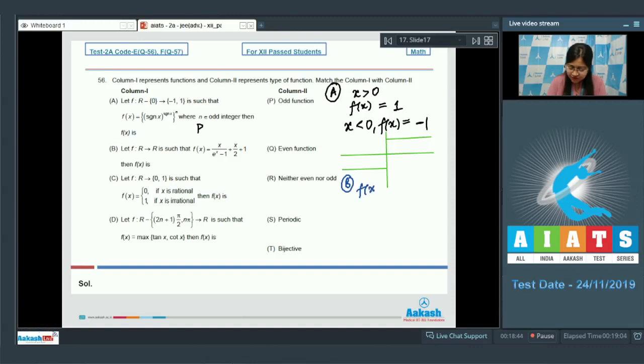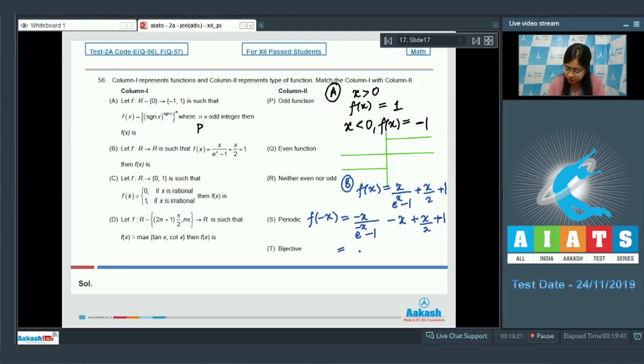we are given a function f(x) equal to x divided by e^x minus 1 plus x by 2 plus 1. So we have to talk about whether it is even or odd. So for that, let's find f(-x), that is equal to minus x divided by e raised to the power minus x minus 1, minus x by 2 plus 1. So let us write minus x plus x by 2 plus 1.